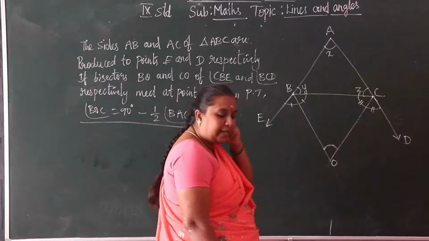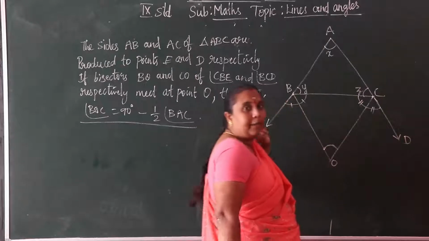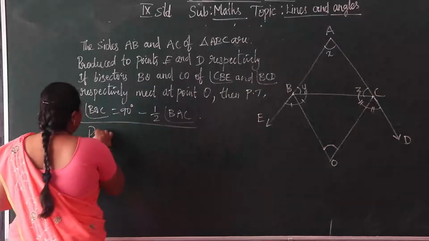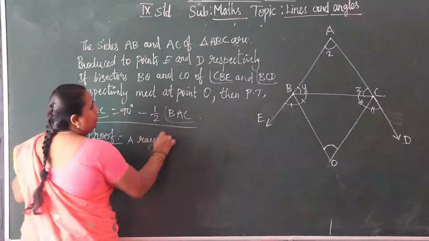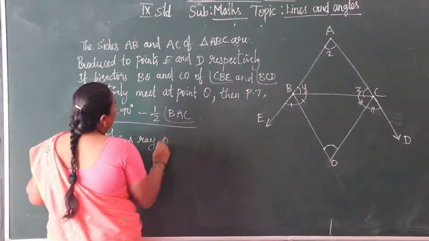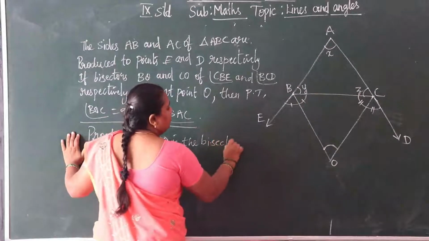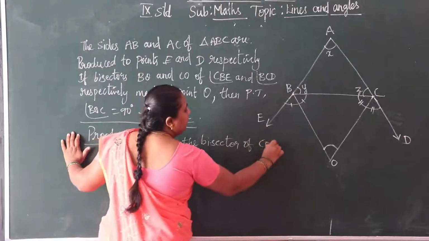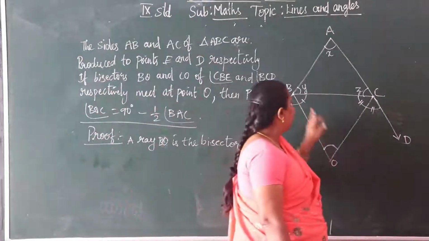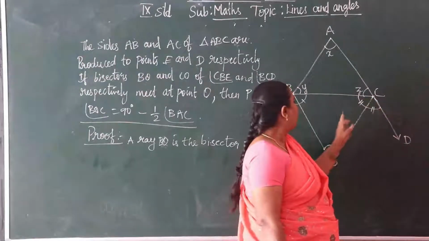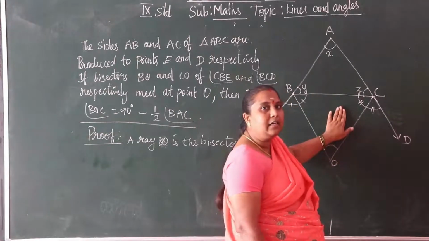So, proof. First we take ray OB, the bisector of angle CBE. To get angle BOC, we want to find CBO and BCO to form triangle BOC.